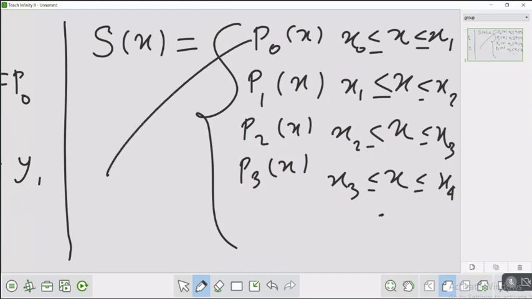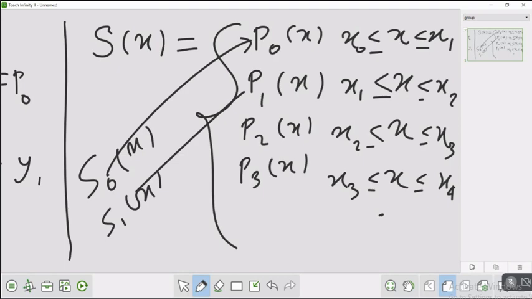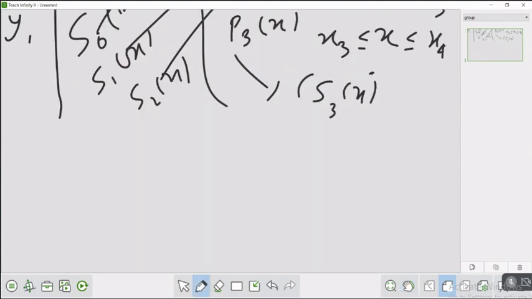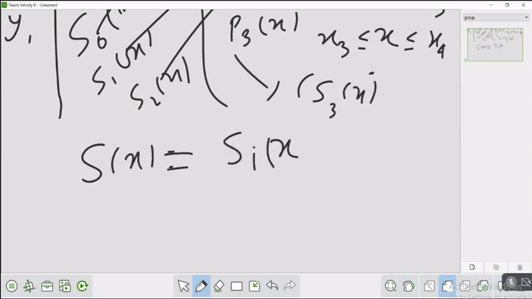The spline components are sometimes called S0(x), S1(x), S2(x), and S3(x). So the overall spline can be written as S(x). Okay, any problem?